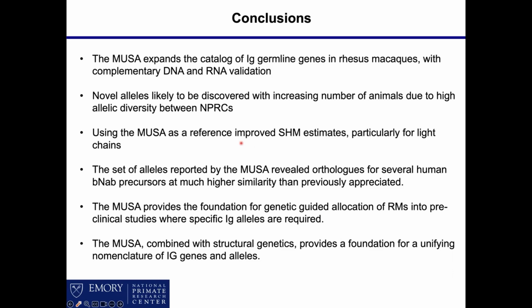We feel that the MUSA greatly improves the availability of light chains for doing somatic hypermutation analyses. This set of alleles has revealed some orthologs that are closer than was previously appreciated.